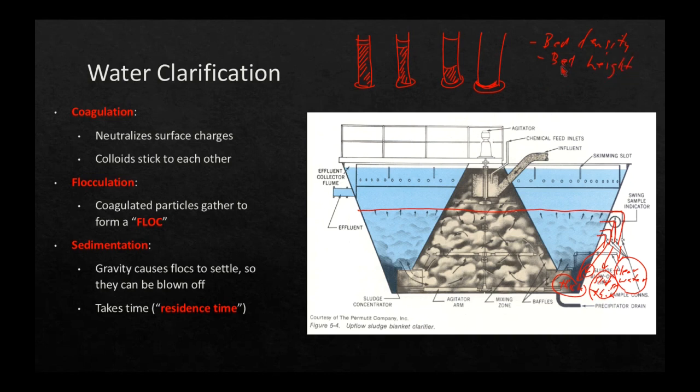We don't want it too high, we don't want it too low, and we don't want it too thin, too watery, and we don't want the bed too thick. So how do we control this stuff?